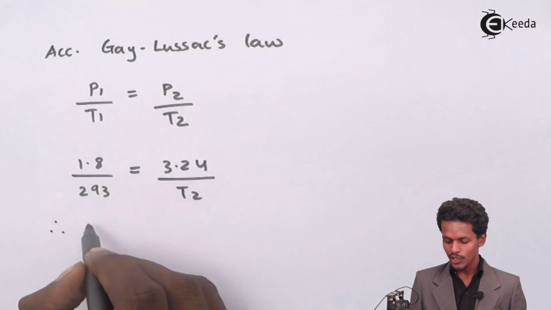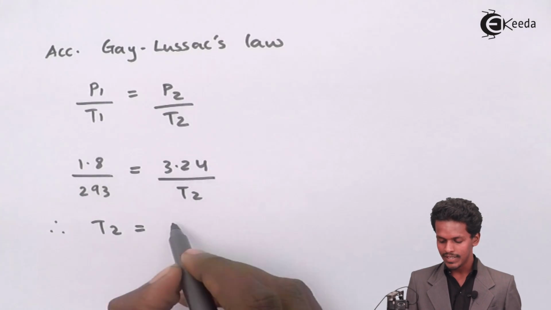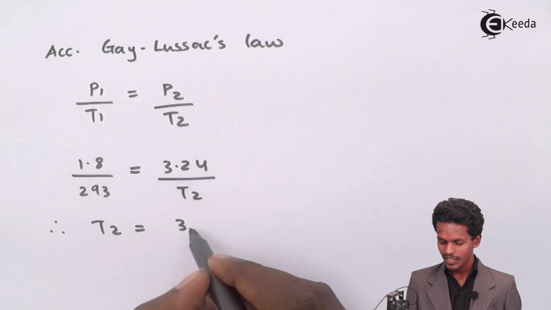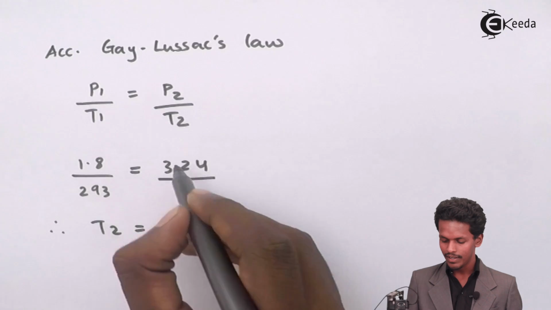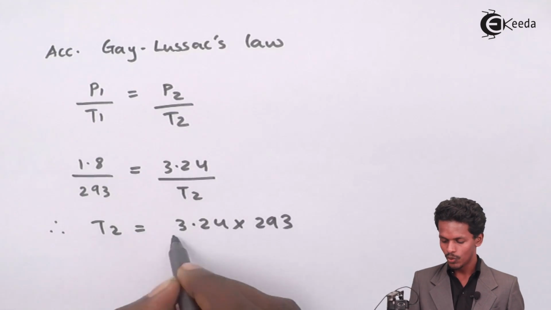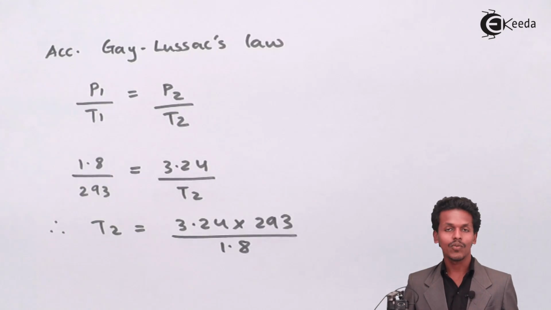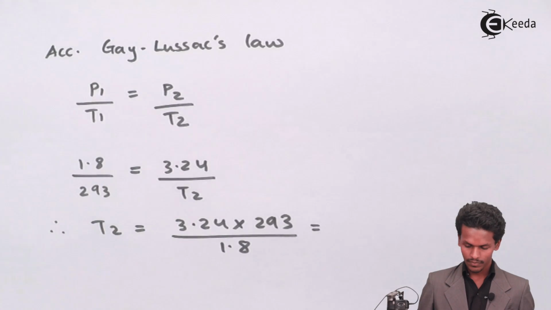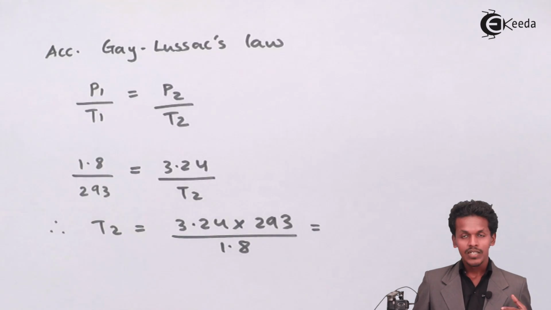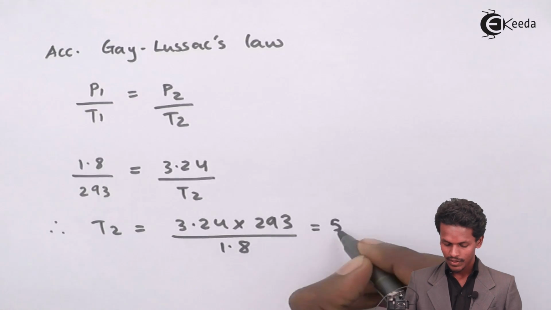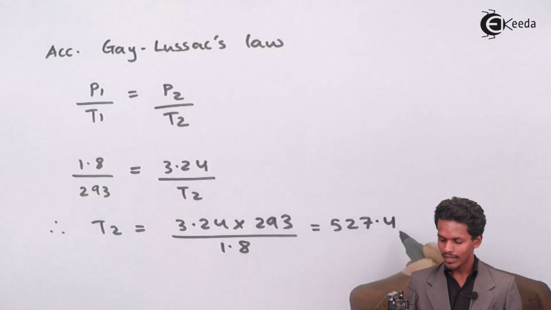Therefore T2 will be 3.24 multiplied by 293, the whole divided by 1.8. Let us see what answer we get. We have got 527.4 Kelvin.